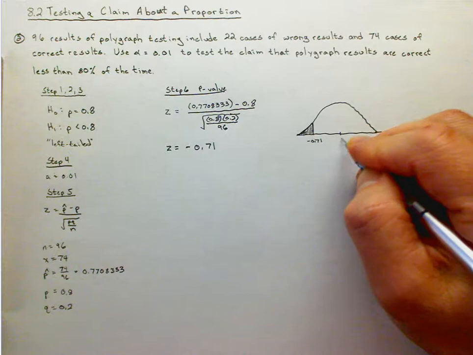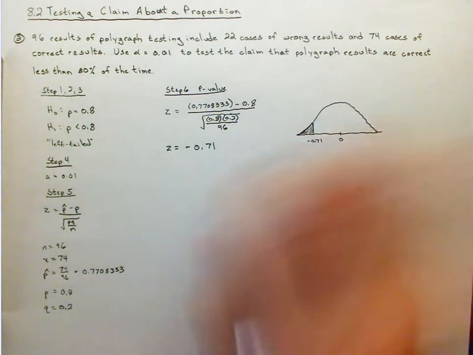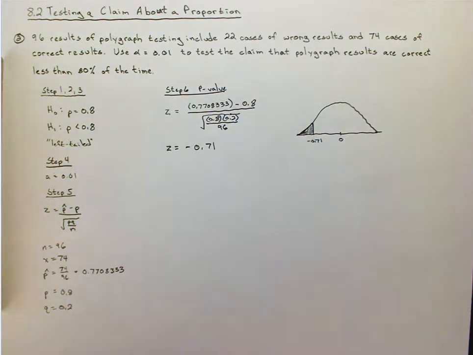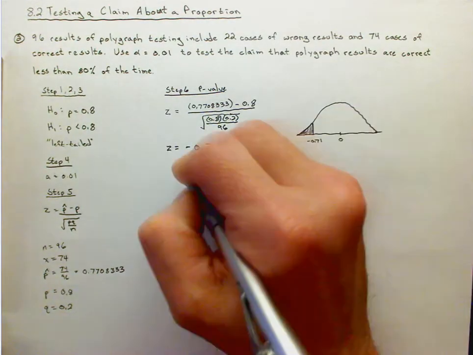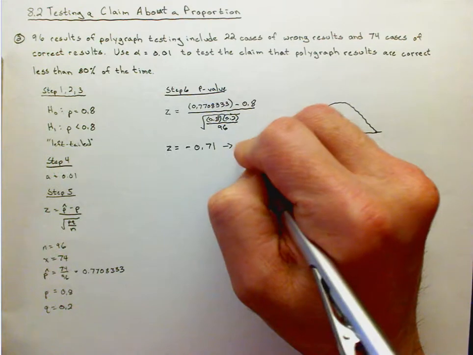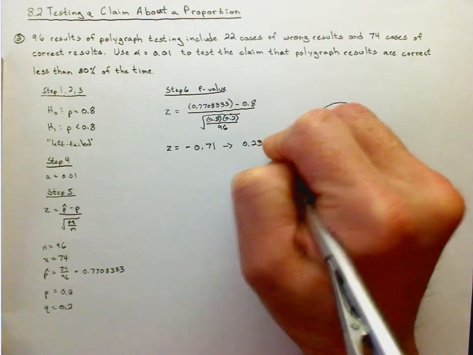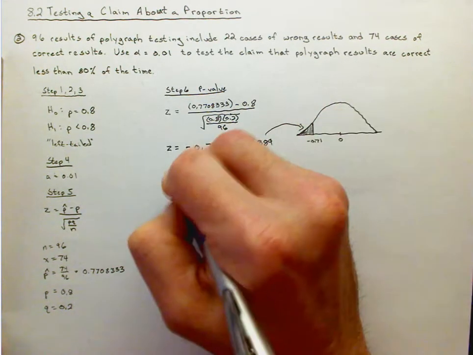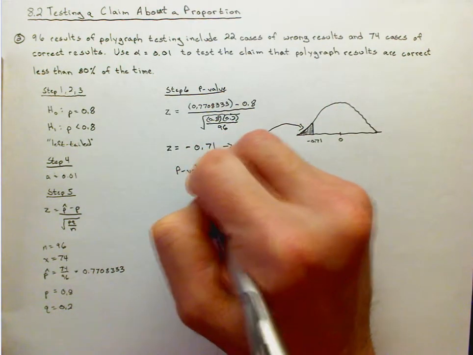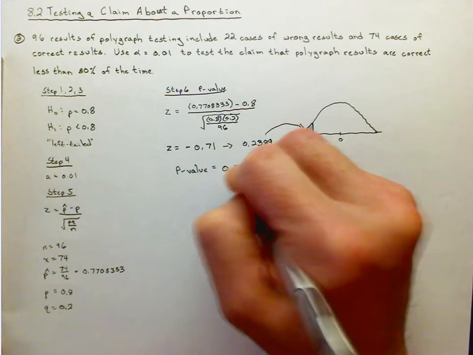I don't have to do the complement and take away from 0 or from 1. So table and a negative 0.7 and 1, that gives me a value of 0.2389, and that's the area under there. So my p-value equals 0.2389.